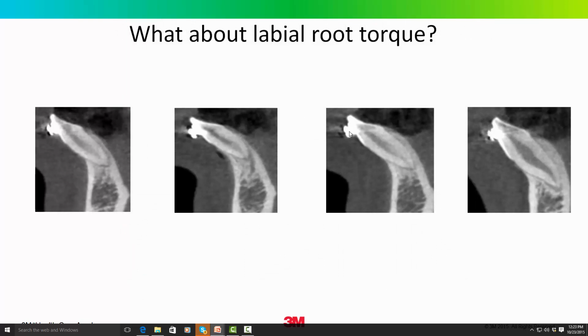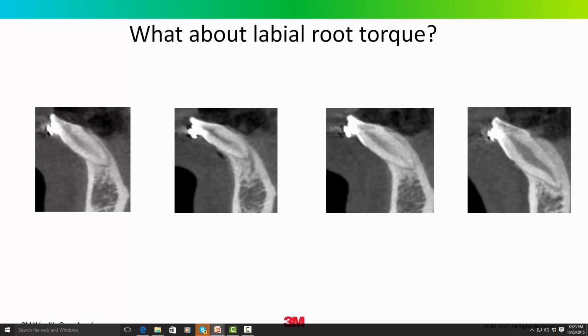Well, if you put a rectangular wire here, the torque on this tooth is going to give you labial root torque, which is going to take the root of the tooth even further outside of the housing. Now you just lost the labial cortical plate along the leading edge of the root, and you put a torquing wire in there so that clinically the incisor looks better.